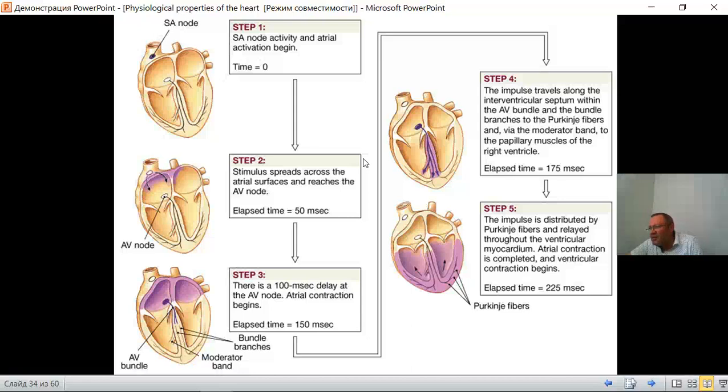The impulse is distributed by Purkinje fibers and relayed throughout the ventricular myocardium. Atrial contraction is completed and ventricular contraction begins. Elapsed time equals 225 milliseconds. This scheme shows the conduction of excitation in the heart.